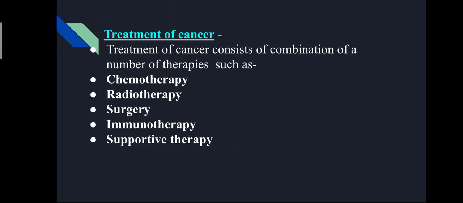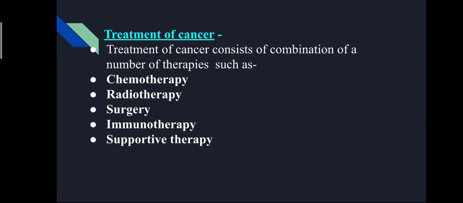Then next, treatment of cancer. Generally, there is no single treatment done on the patient, but there is the combination of treatments at a time, that is known as the combination therapy. So these treatments are such as chemotherapy, radiotherapy, surgery, immunotherapy, and supportive therapy.